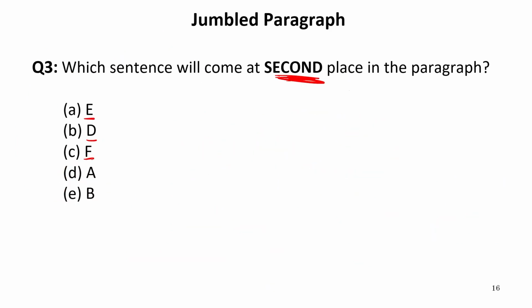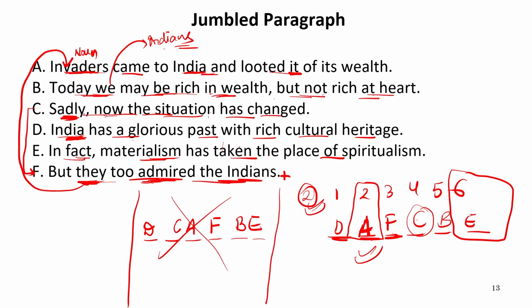E, D, F, A, B. Now, in the given question, according to the options, C is not given at all. It means second sentence C cannot be there because it is also not given in the options. That means this sequence is definitely incorrect. It is confirmed now. Therefore, the second sentence will be A.